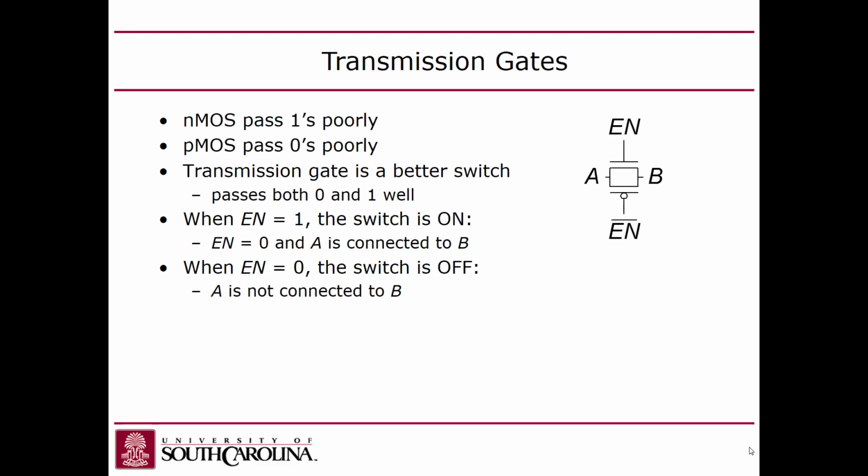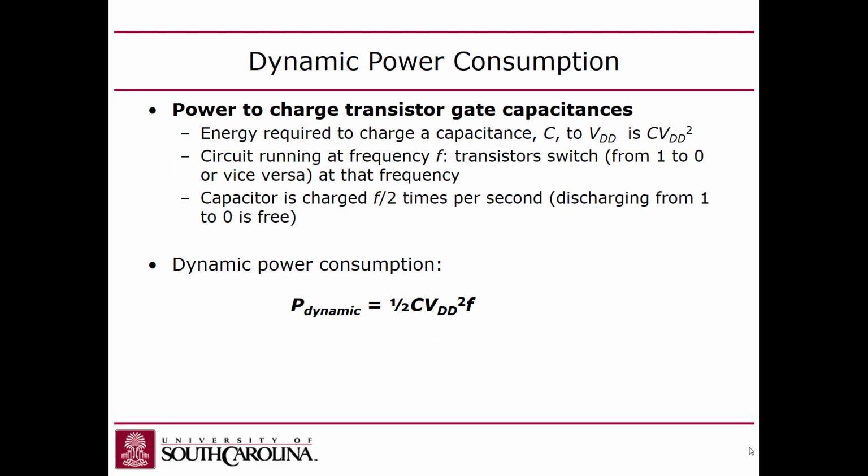I think we talked about power consumption, and we actually got to this last time too. The dynamic power consumption is 1/2 times the capacitance, voltage squared, and frequency. The capacitance you would generally get from the design, the layout, the polygons.